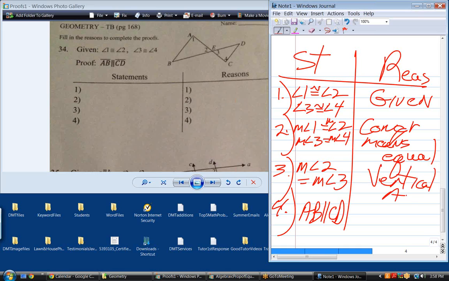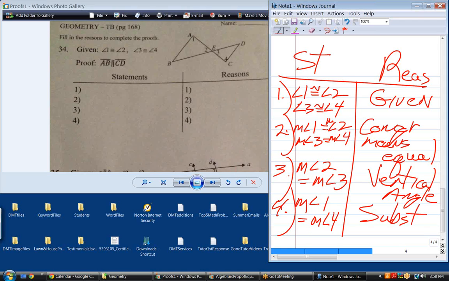Okay. And actually, there seems like there has to be 5 steps here. I don't know why they only put 4 rows, because there has to be a step that says the measurement of angle 1 is equal to the measurement of angle 4 based on substitution.